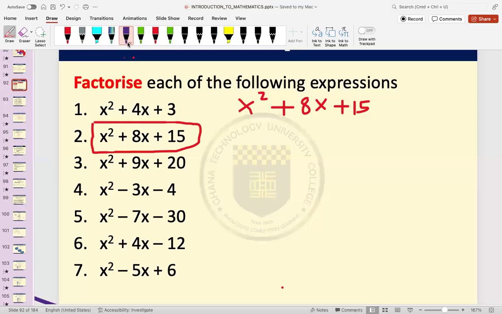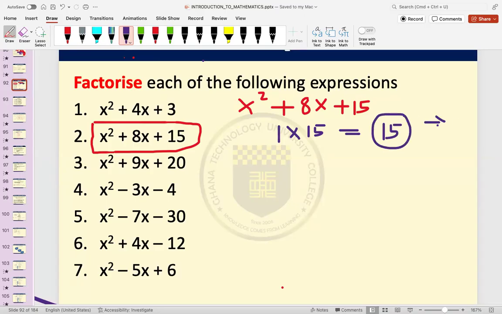Step number 1 says that we pick the coefficient of x squared. That is 1. Multiply it by the constant number, which is 15. 1 multiplied by 15, I will have 15 as my result.